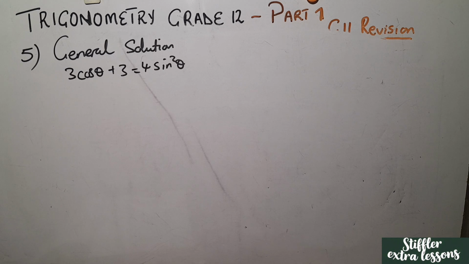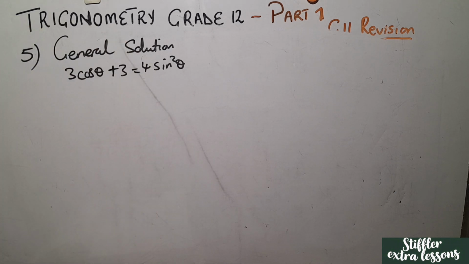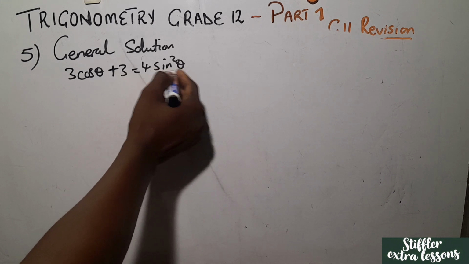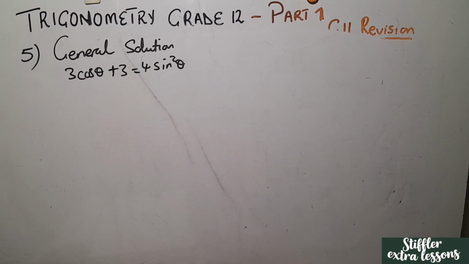So now let's move to the general solution. Let's see the fifth type now. So what happens with general solution is you try so much hard to change everything into the same ratio. So with this that we are having, we can see that this is having a squared. Let's try to change this into cos, right?